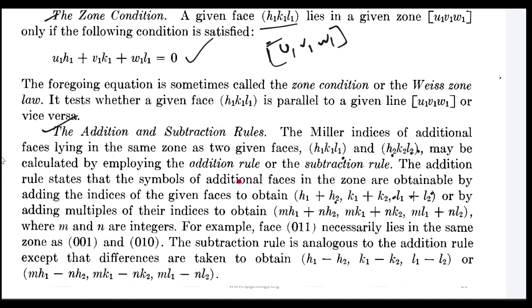If two faces are in a zone, then other faces can also be calculated from the two faces. Just add them, you will get another face which will also be in that zone. If you subtract them, there will be other faces which will be in that zone.